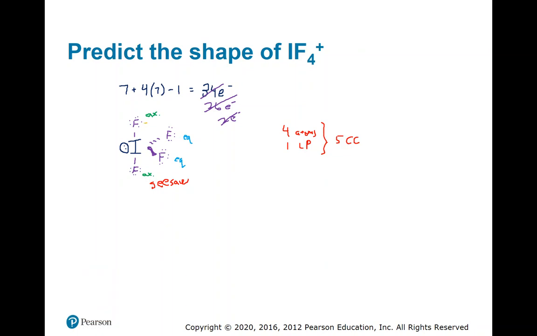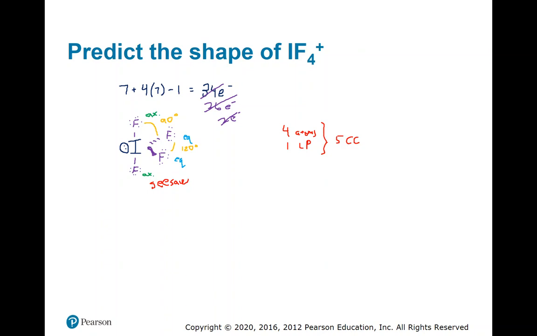So this angle here, from axial to equatorial, under ideal circumstances, that would be 90 degrees. And between 2 equatorial positions, ideally that would be 120 degrees. Now if we had 5 atoms for our charge clouds that were all the same size, then those angles would be exact.